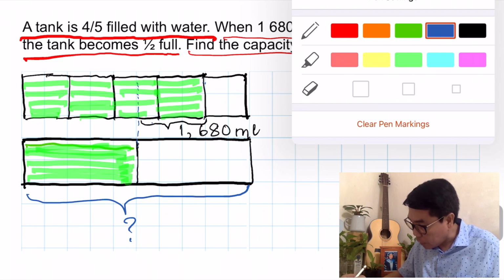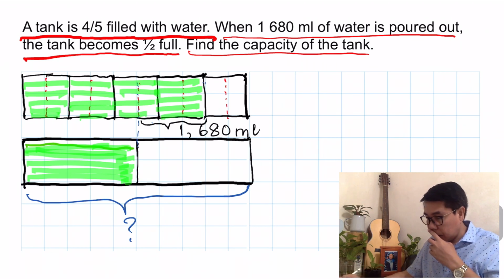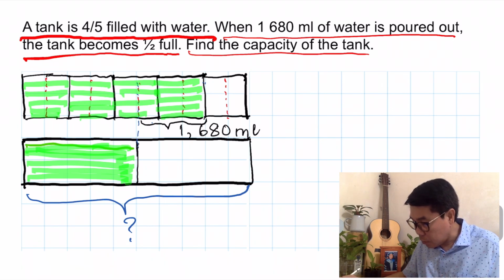So I think we can cut it again this way. Now, find out how many blocks or how many units is 1,680.